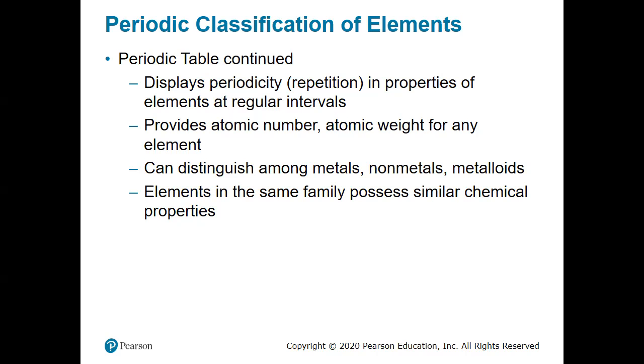So just based on position on the table, we can determine, okay, this is the metal, this is the non-metal. So we don't have to memorize lists of metals and non-metals, of metalloids. But if we're looking at a periodic table, we can get that information. And once again, the elements in the same family possess similar kinds of properties.